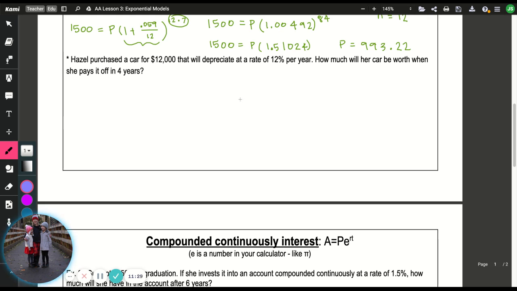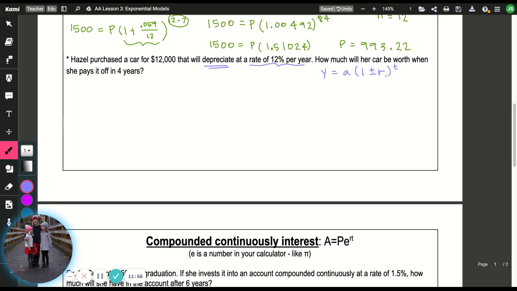So if you look at this one, this one's back to a car like we did in lesson 2. It's depreciating, and they just give you a rate per year. It's not interest. It's not compounding, so it is not this formula up here. This is now back to the basic y equals a times 1 plus or minus r to the t.